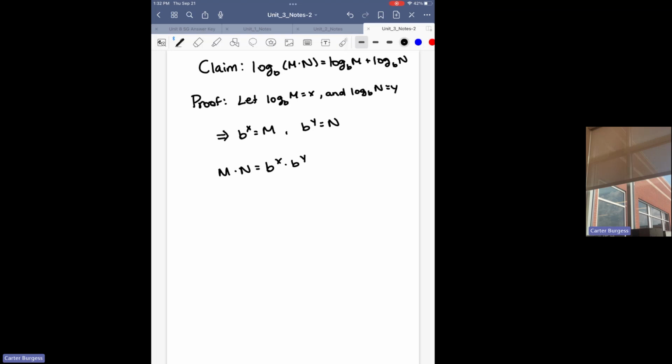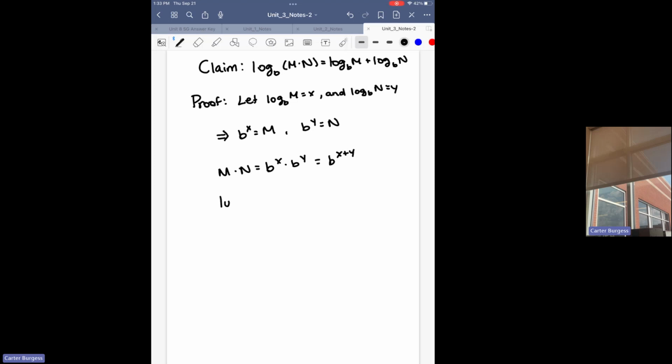Okay, and here's the bit where we actually see the transition from multiplication to addition. What do I do with my exponents when I take a base to an exponent times the same base to an exponent? We add them. This is going to be b to the power of x plus y. But just like Nikaya said, we're looking not just at this product, but we want to take the logarithm of this product.